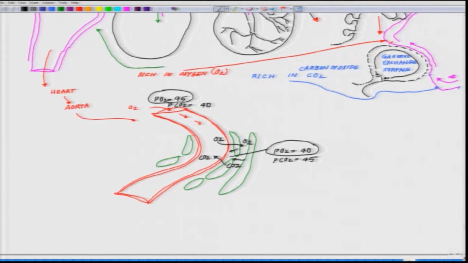So out here, the part of the vessel, as I told you, I'm just shading part of the vessel.